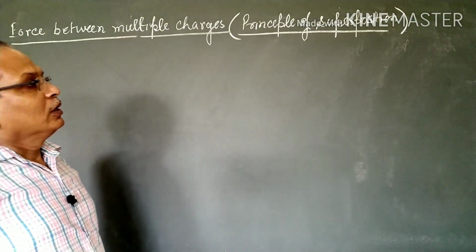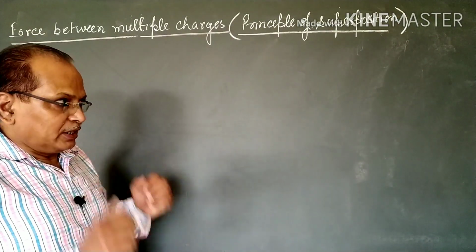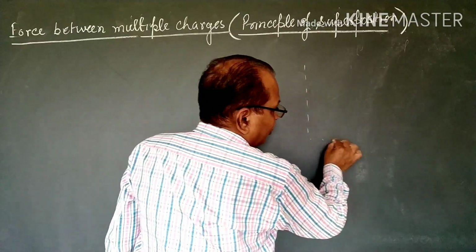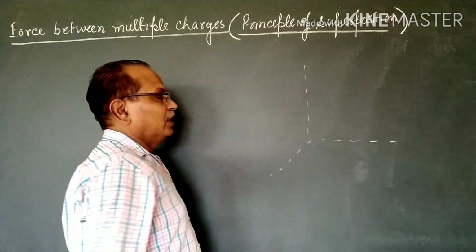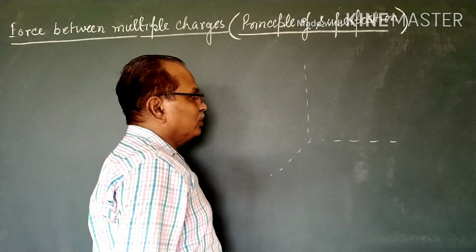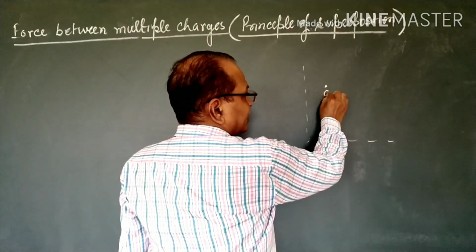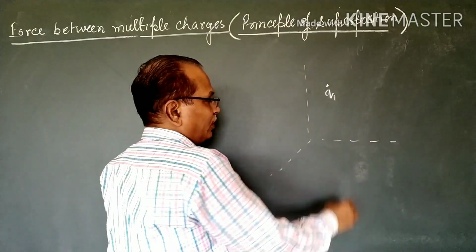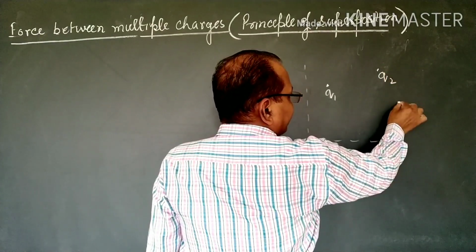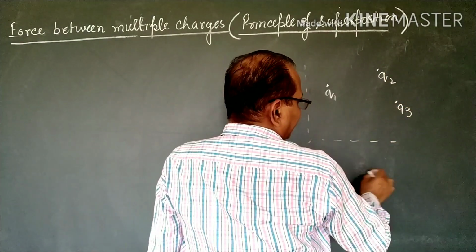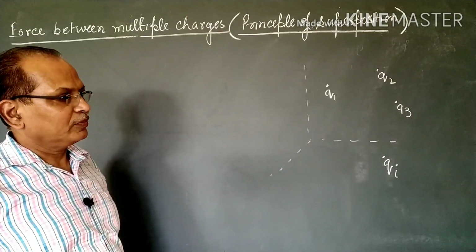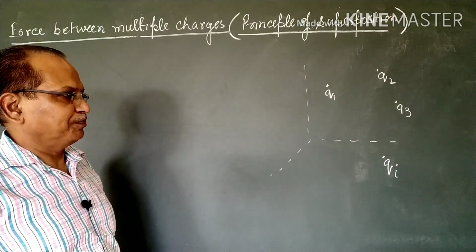So, if multiple charges are there, for example, this is a coordinate axis, and let for that coordinate axis Q1 is the charge here, Q2 is the charge over here, Q3 here, and Qi is the nth charge, any number of charges placed in this position.